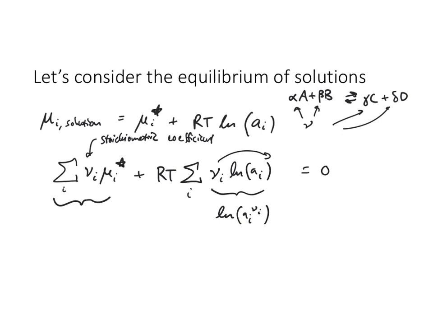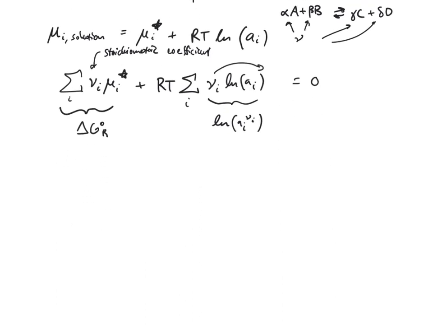But this expression right here is the standard Gibbs free energy for the reaction. So we can say that delta G R is equal to negative RT, sum over the components, natural log, a I to the nu I, like so, and that this is sort of an effective equilibrium constant.